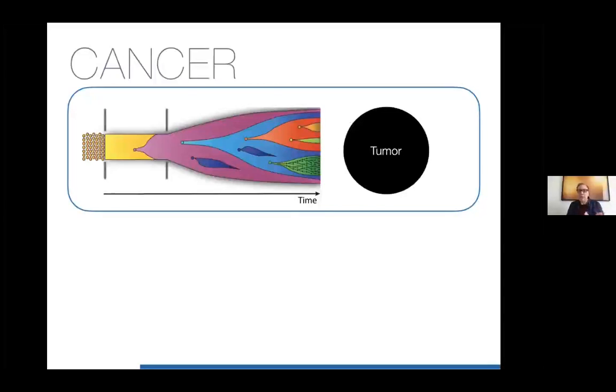A lack of genomic diversity can easily result in the extinction of the species because of a virus or whatever. And it's the same thing here. Genomic diversity in a tumor is a strength, but it's a strength for the tumor, not for the person carrying it. For instance, it may be the case that this subclone is resistant to a certain therapy while all the other ones are not. So diversity gives strength.